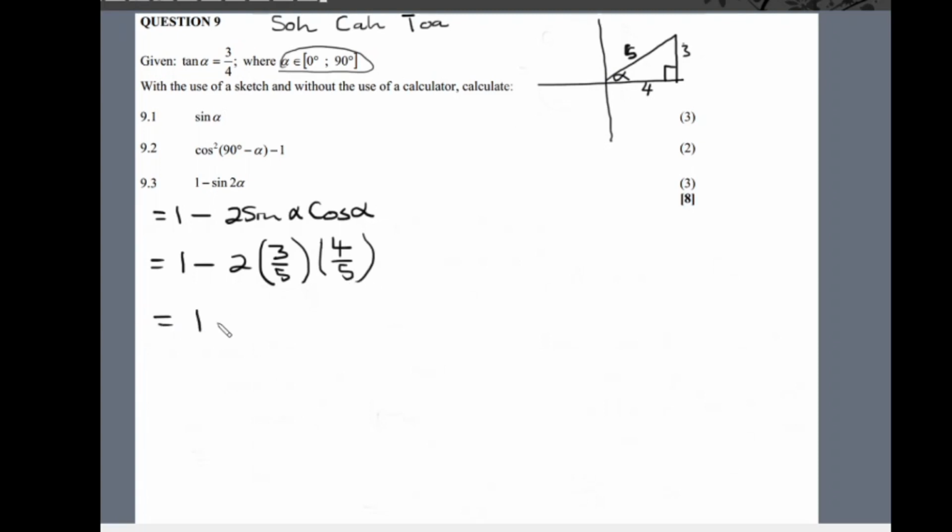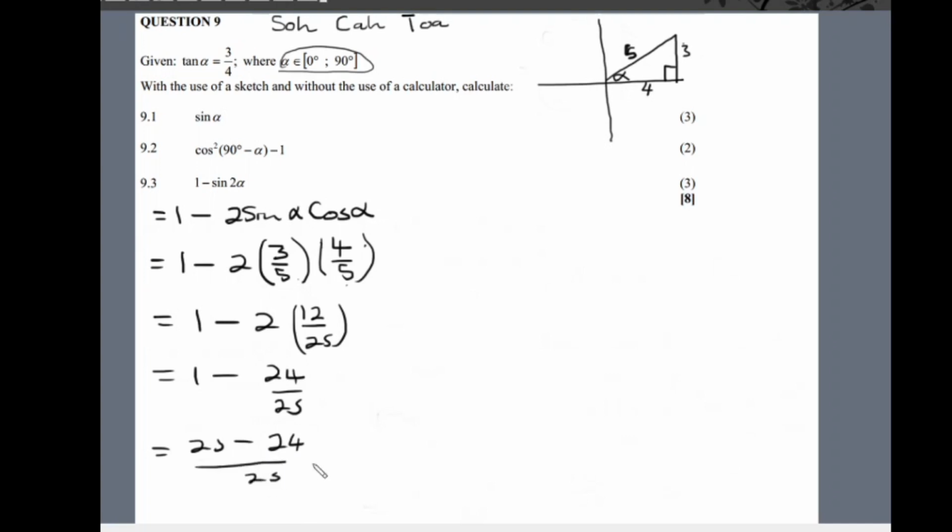So now this is 1 minus 2 times 3 times 4 is 12, 5 times 5 is 25, and then we'll have 1 minus 24 over 25, which is 25 minus 24 all over 25, which will be 1 over 25.